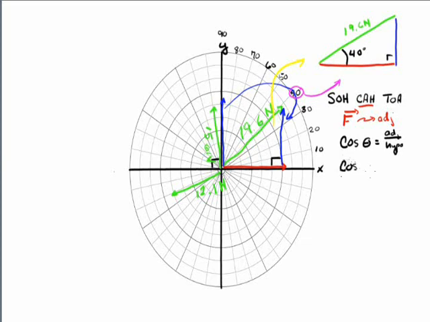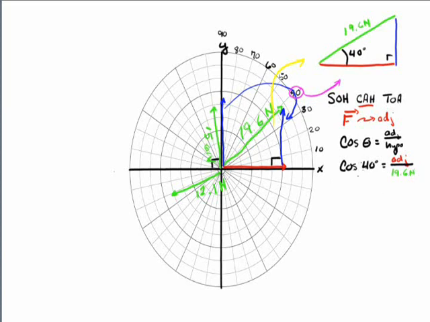Cosine, what is the angle we're talking about? 40 degrees equals, do I know what the adjacent side is? No, but that's alright. I'll just write adjacent. Do I know what the hypotenuse is? Yeah, it's actually labeled for me. It is 19.6 newtons.